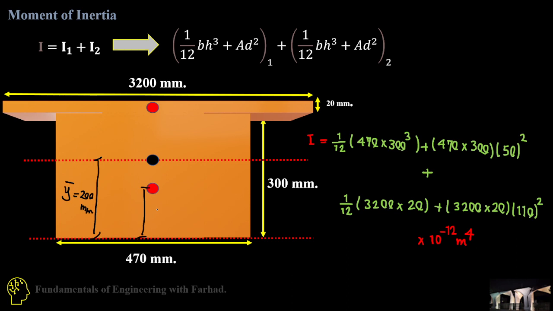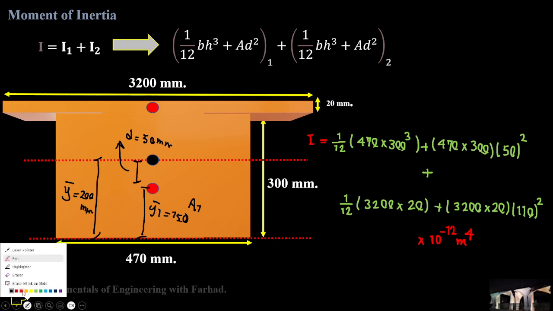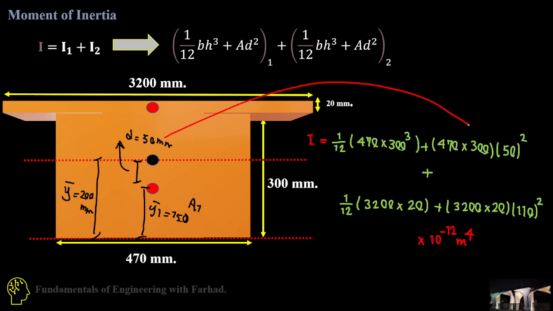The centroid of this section, y bar 1, is equal to 150. So there is a distance, which we call d, and d is equal to 50 millimeters. We replace this numeric value over here, which is our A d squared part for the first part.